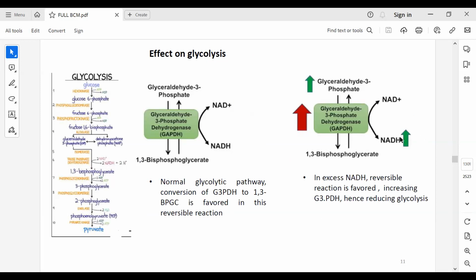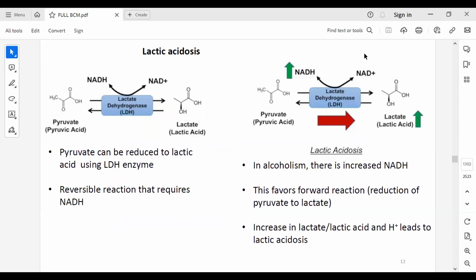So remember, it all depends on what is happening and what is there. We talked about that equilibrium. So if there's an increased NADH, this reversible reaction will of course favor upward. So you'll have more glyceraldehyde 3-phosphate forming, and you're not carrying out glycolysis. You're reducing glycolysis.